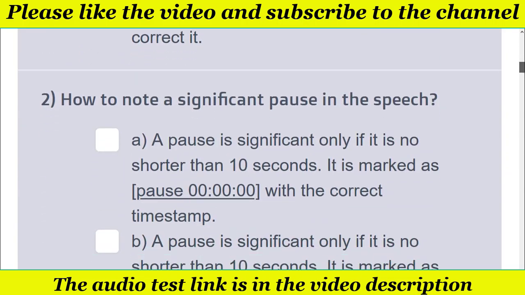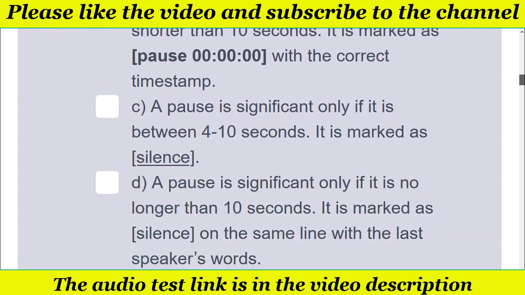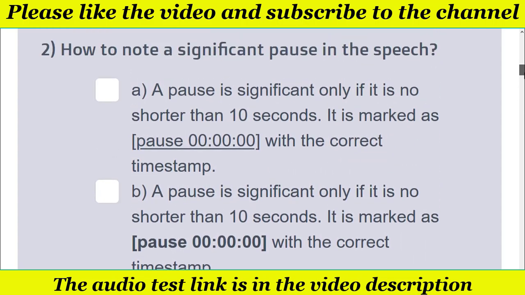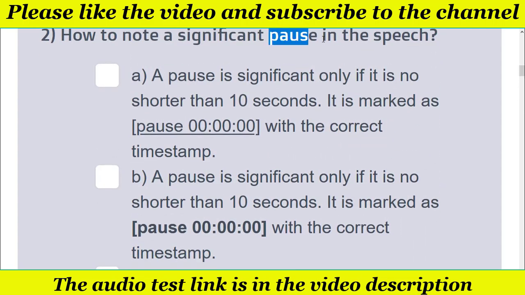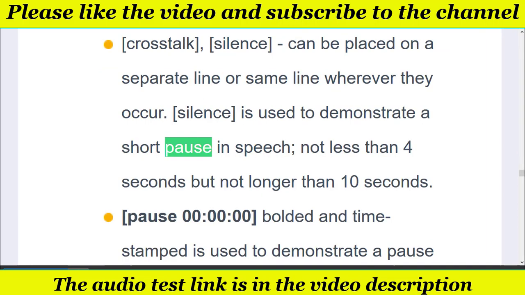And second question is, how to note a significant pause in a speech. There are 4 different options, and we simply check the transcription guideline related to the pause tag. Simply we paste here and we see silence is used to demonstrate a short pause in a speech not less than 4 seconds but not longer than 10 seconds.